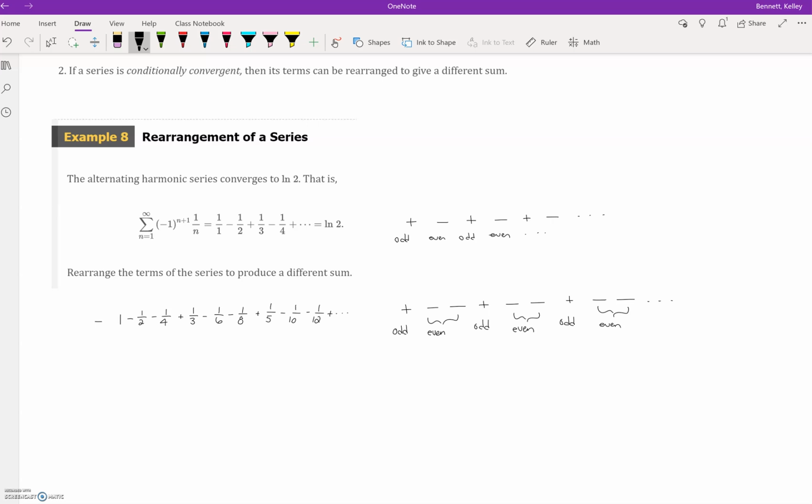So if I were to kind of group this, now what I want to do is group just the first two of each triple.